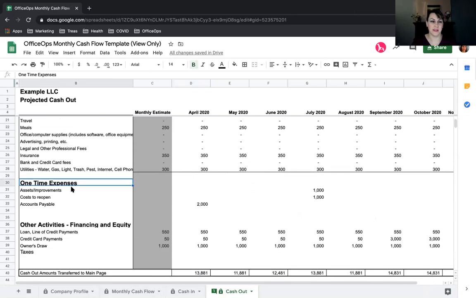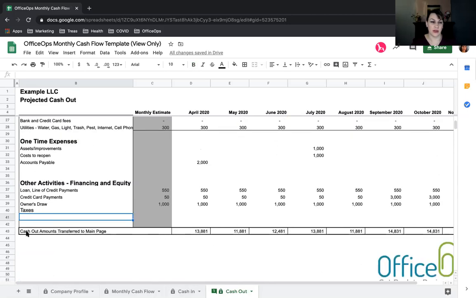And then one-time expenses, they will definitely bite you. So make sure you're really thinking through what you need to pay for, because the better you are at projecting those one-time expenses, the better you're going to be at affording them and budgeting for them. That's what we really want to see here.